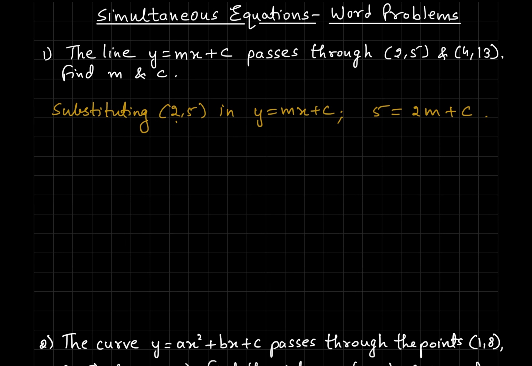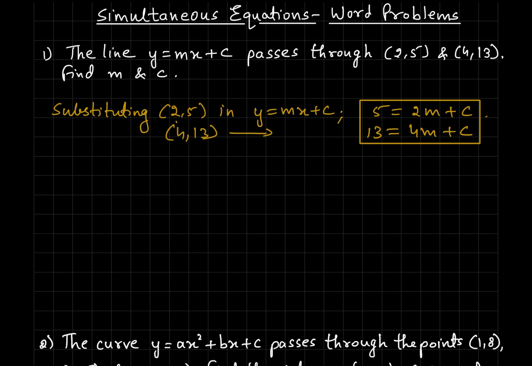So this is our one equation. Then again substituting point (4, 13), we will get 13 equals 4m plus c. So this way we have got the two simultaneous equations in m and c.